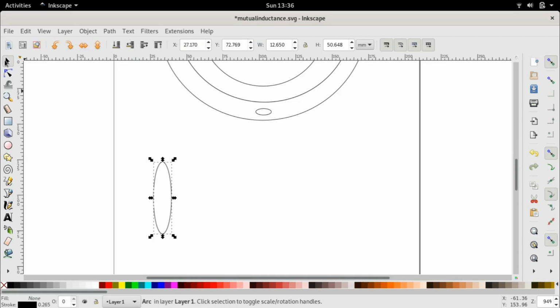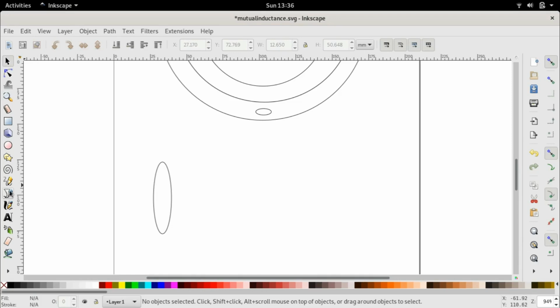Okay, so if I were to say that this is a coil, right, and this coil were to carry a current in the clockwise direction, then from our knowledge of magnetism, and if we use the right hand thumb rule, we know that if the current flows in the clockwise direction, and we look at the coil from this direction, from the right to the left, then the face of the coil where the current is flowing in the clockwise direction becomes a south pole.